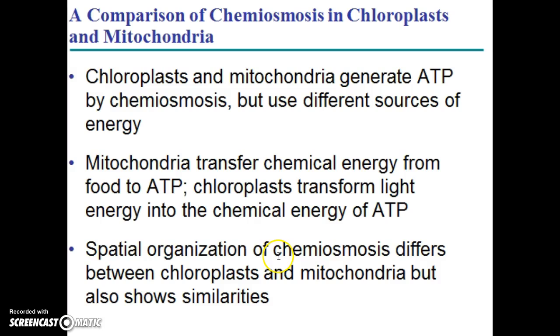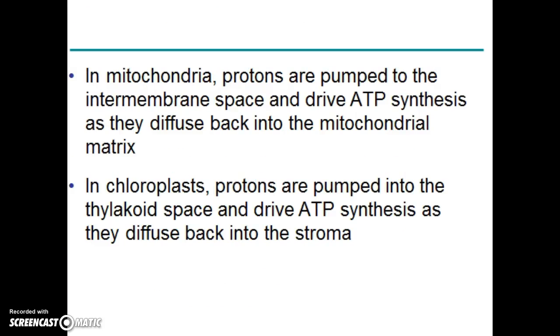Looking at a third point down here, we actually can see that chemiosmosis occurs in both, and they're different, but there are similarities in how those processes occur. Couple more. In mitochondria, we have protons pumped to the inner membrane space. Once again, in cellular respiration, in the mitochondria, we have the electron transport chain embedded into the membrane of the mitochondria.